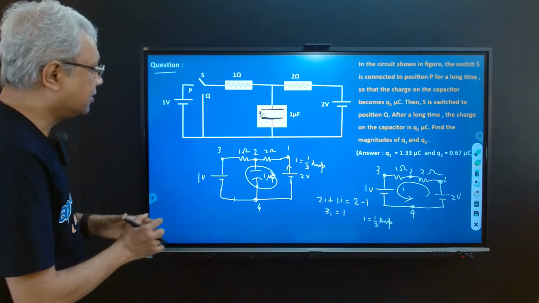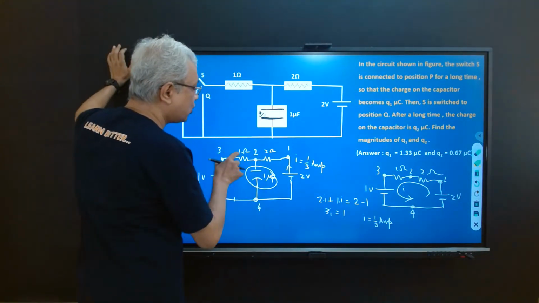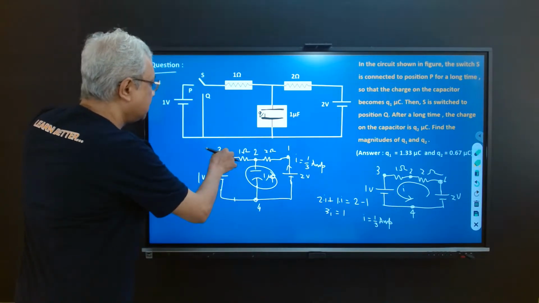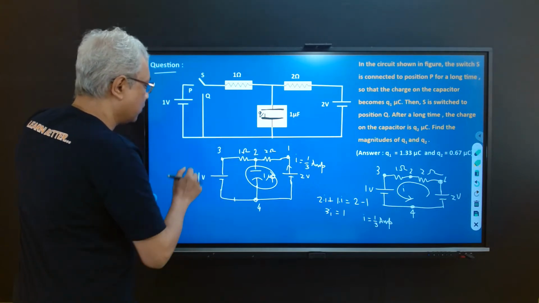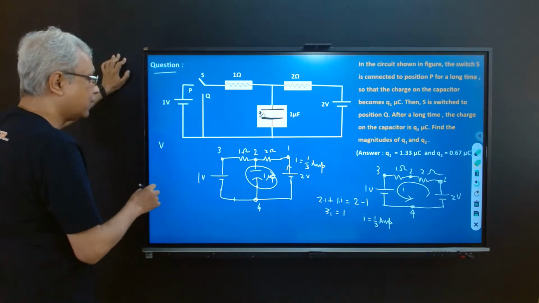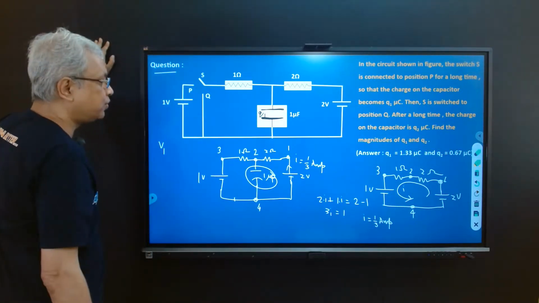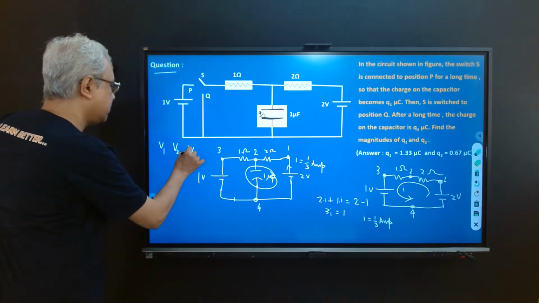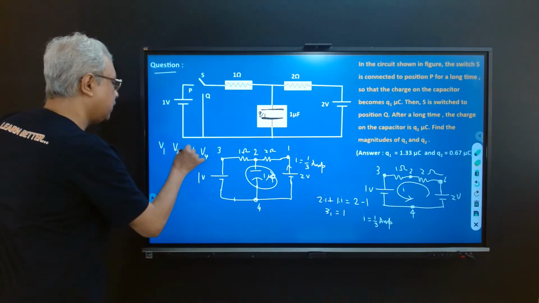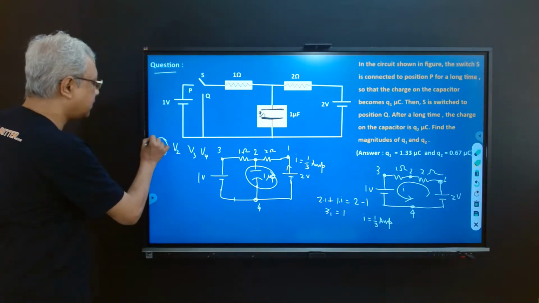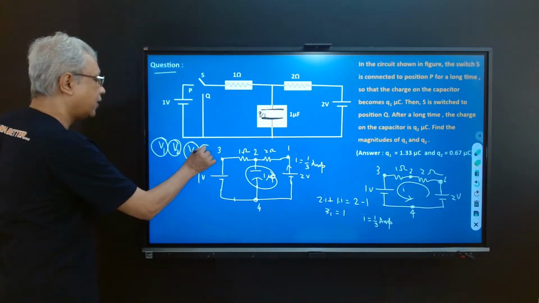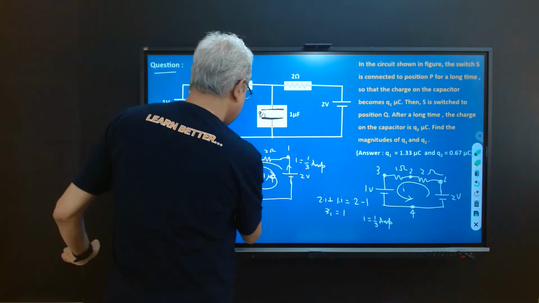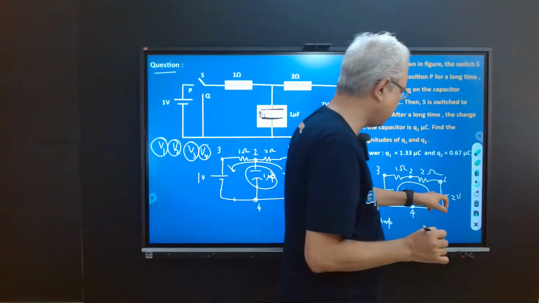Now we apply Ohm's law and write the equations for potentials at points 1, 2, 3, and 4. If I write the potential of point 1 as V1, point 2 as V2, point 3 as V3, and point 4 as V4, then what are the relations we have? The current is flowing in the anti-clockwise direction, because of these batteries.